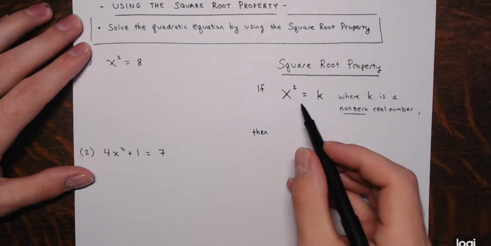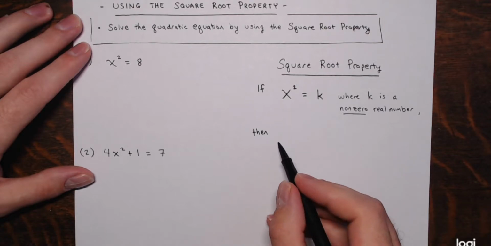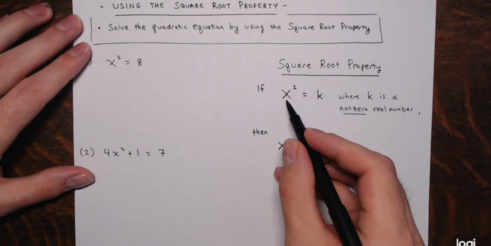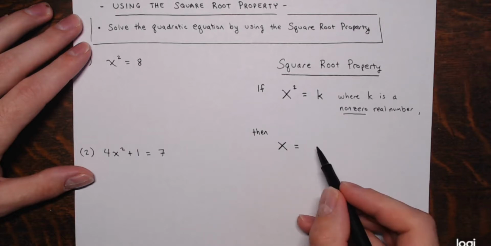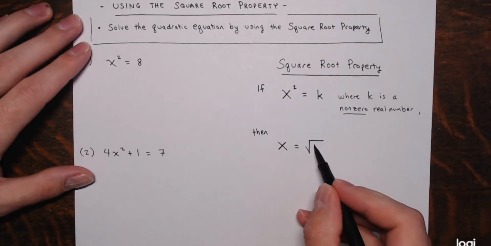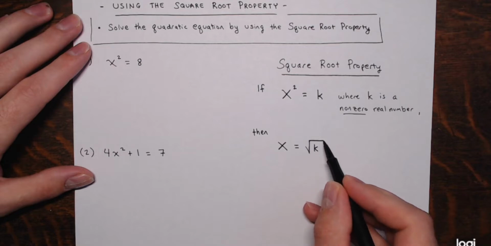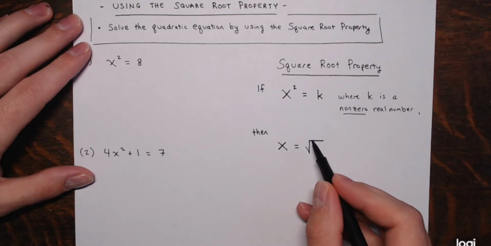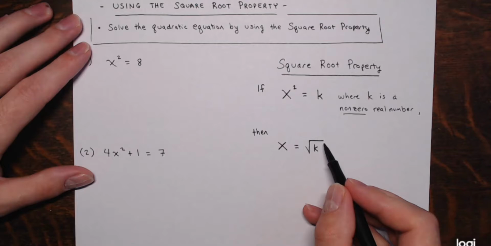So we have two possibilities here. We have this expression X could either be the principal square root of K, and remember that's what this symbol represents, right? The principal square root, the non-negative one.